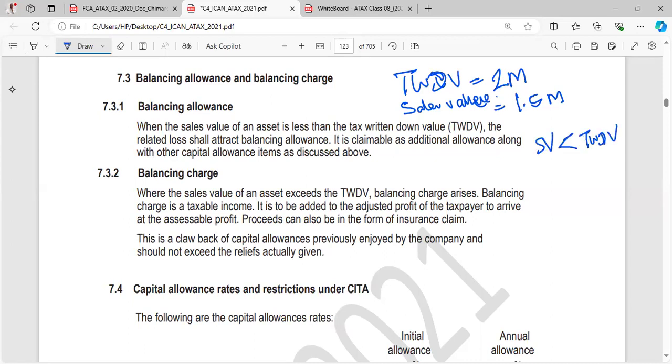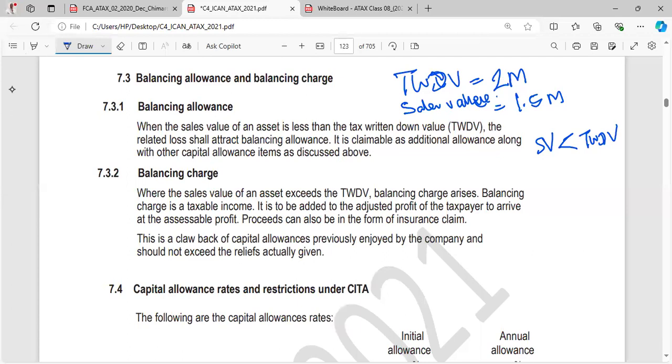Now, the implication is this: if you had not sold this asset for 1.5 million, you would have claimed 1 million in this year and the remaining 1 million in the following year. You would have fully claimed your 2 million. But because you sold the asset and you want to quickly claim all that is remaining, instead of claiming 2 million, you are only able to claim 1.5 million.